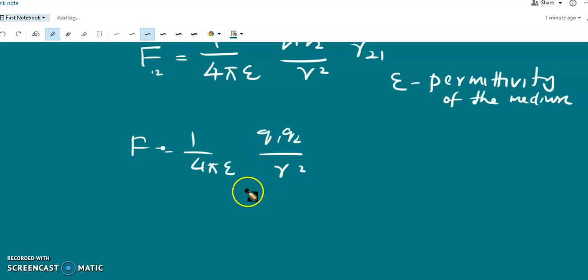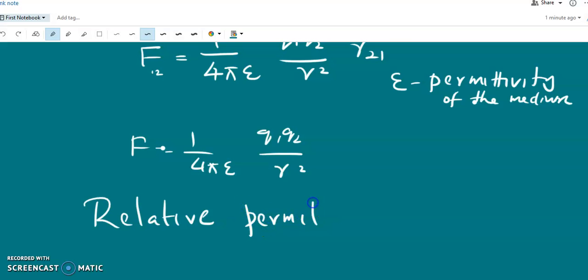In the case of a medium, we can define a quantity called the relative permittivity, epsilon R, which is also known as the dielectric constant of the medium.